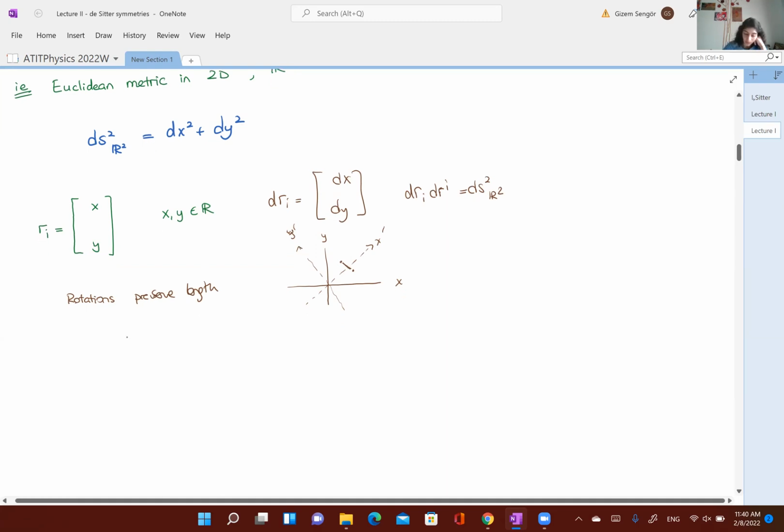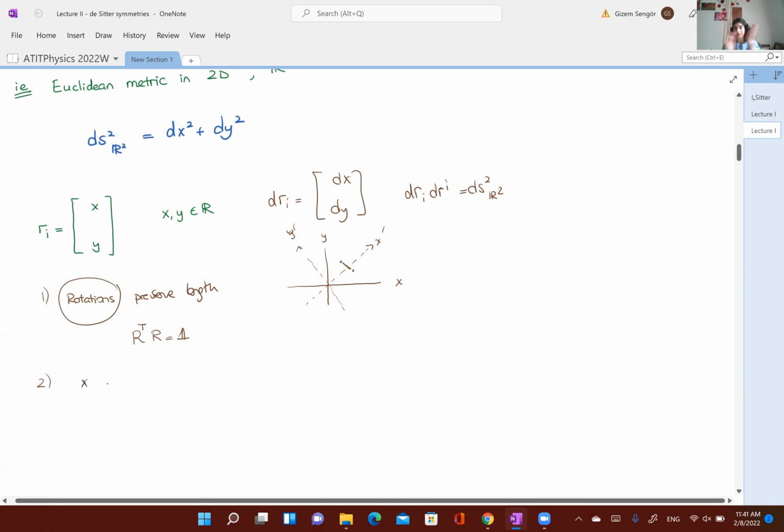So you can designate these transformations by a finite dimensional matrix R. It would be 2 by 2 in this case, and this would be an orthogonal matrix. That means its transpose would be its inverse, and this is what lets it keep the lengths preserved. So the first isometry is rotations.